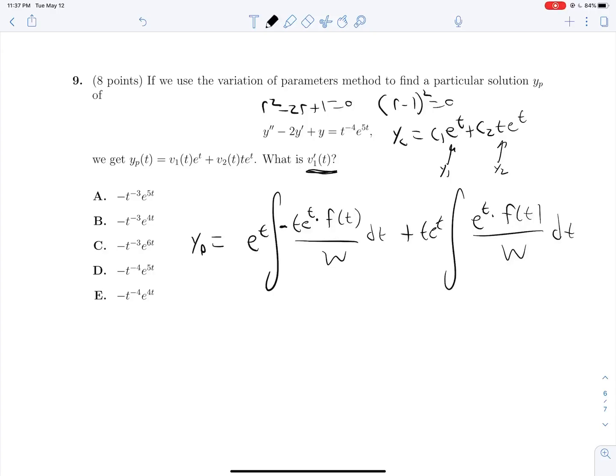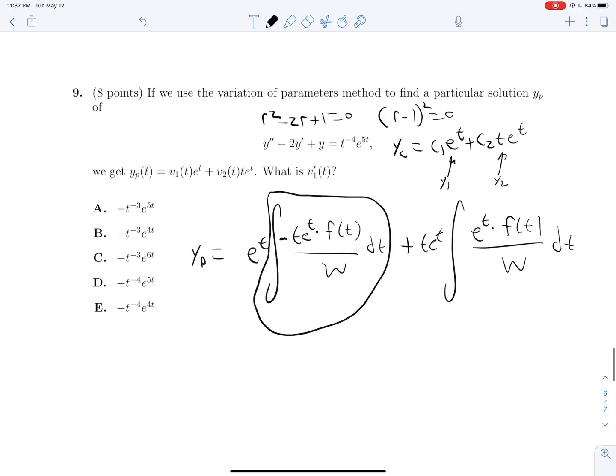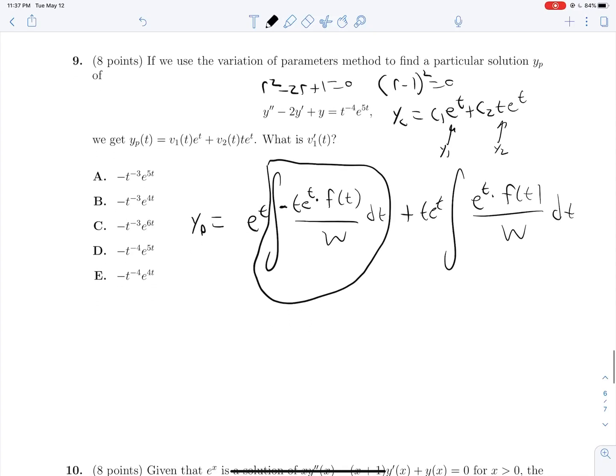We're looking for v1 prime of t. That's the thing multiplied by e to the t in our solution. The thing multiplied by e to the t is right here. What is the derivative of that? Well, that will just get rid of our integral. So v1 prime is equal to negative t e to the t times f of t over the Wronskian.